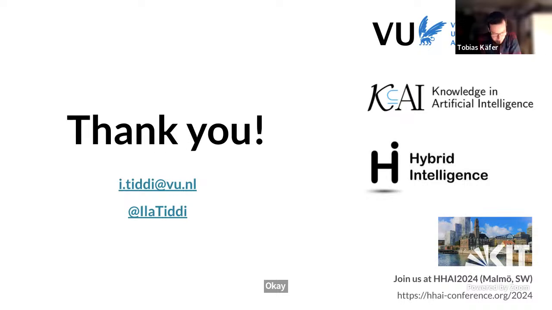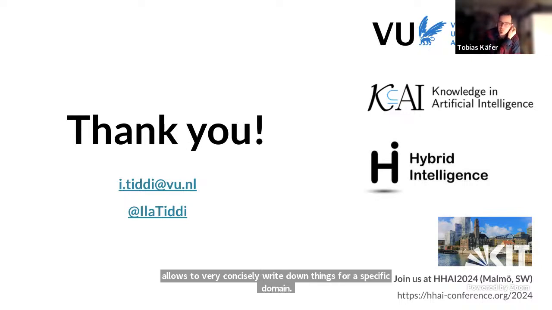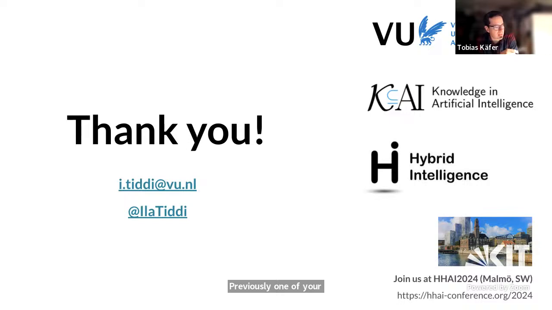Speaking of, maybe this goes in the direction of one of the questions that I had noted. If we have a domain-specific language or a domain-specific way of modeling things, then this allows to very concisely write down things for a specific domain. Previously, in one of your explanation methods, you used something that was looking at graph distance in a graph, right?